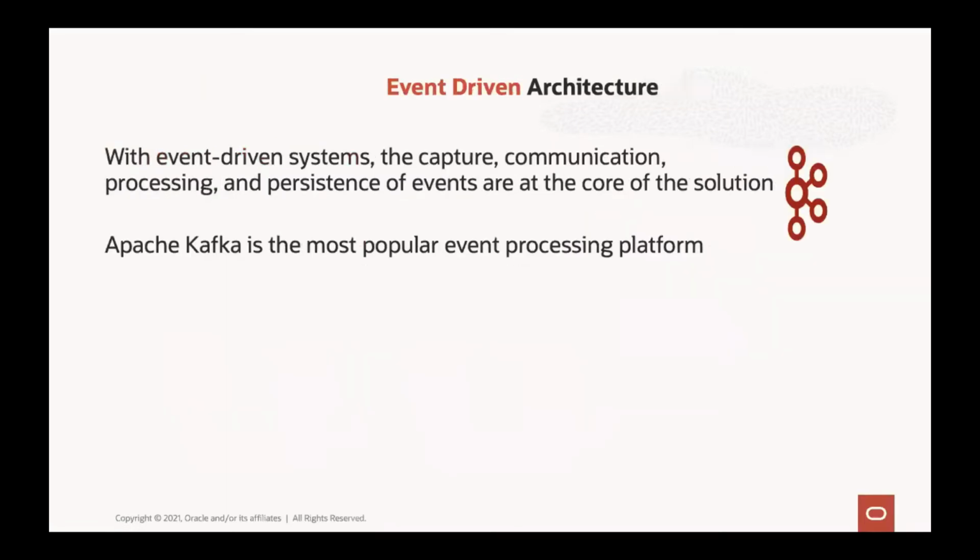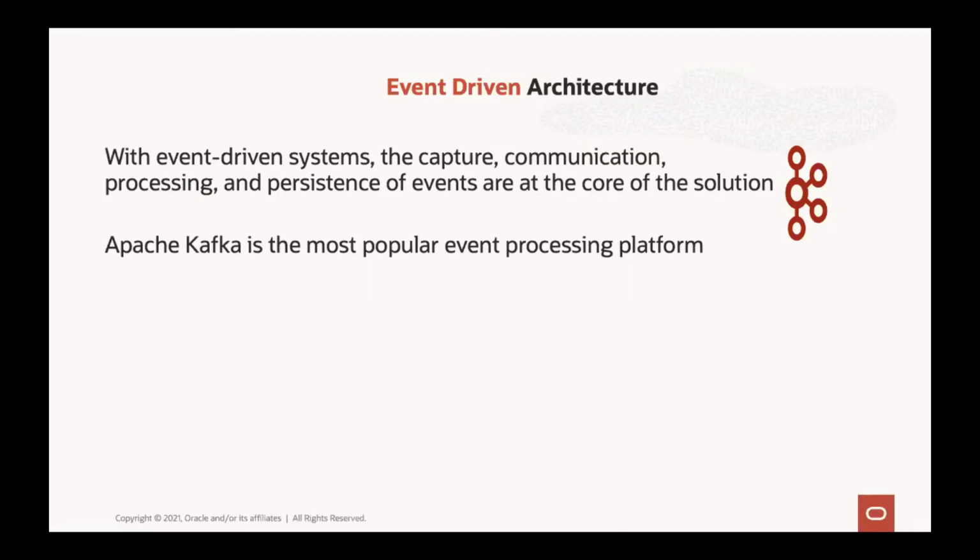And the second methodology is the event-driven architecture. Our modern applications should be able to capture events, process events, communicate events, and maybe the most popular event processing platform is Apache Kafka.